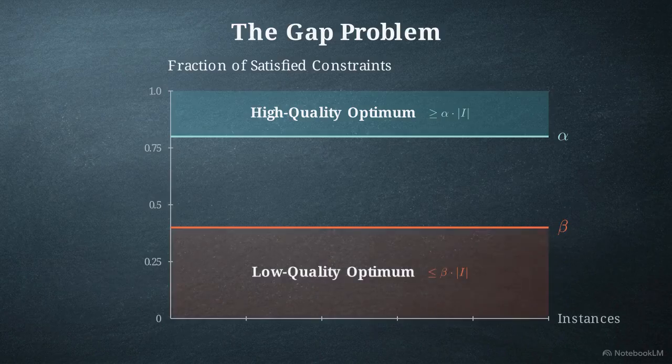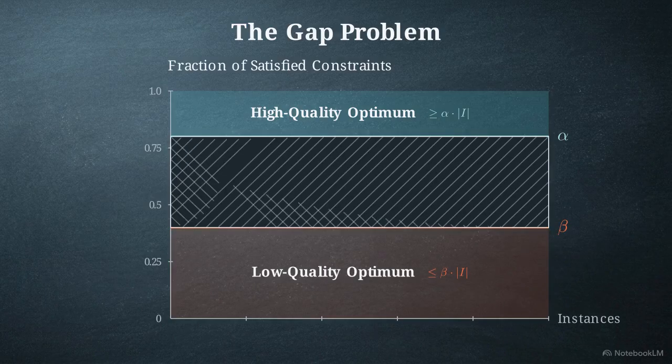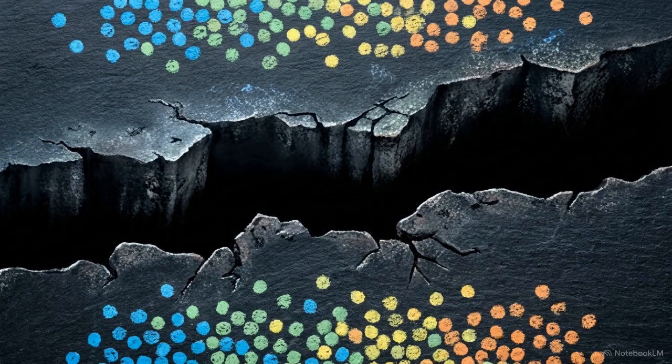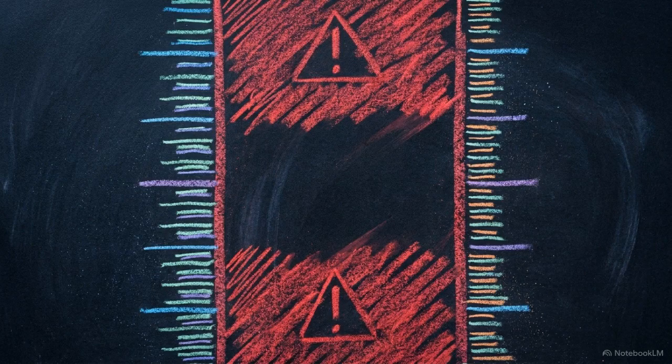Next, we establish a strict lower threshold, beta. The space between alpha and beta is mathematically voided out. This gap guarantees that all instances produced by the reduction will fall exclusively into the extreme high zone or the extreme low zone. There are no inputs that yield an optimum in the void.